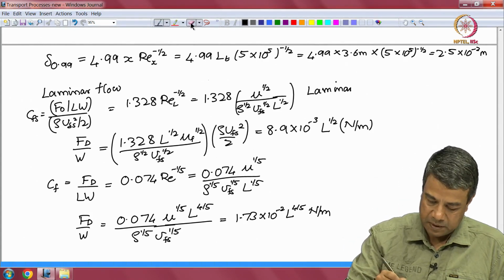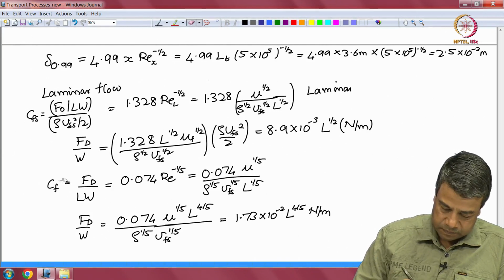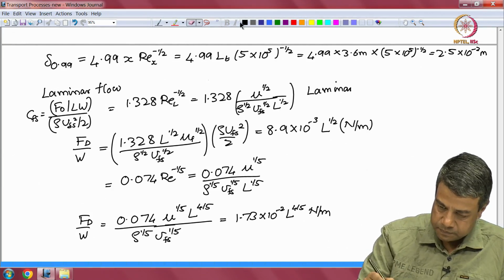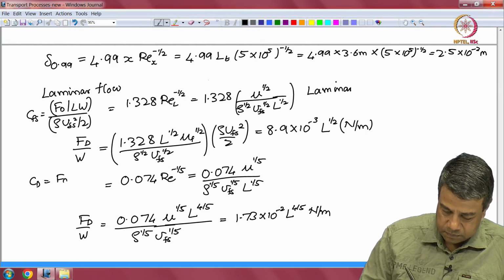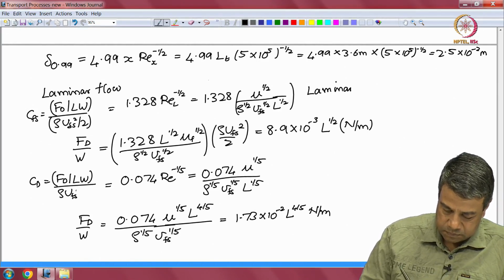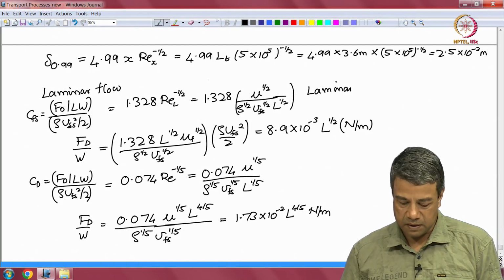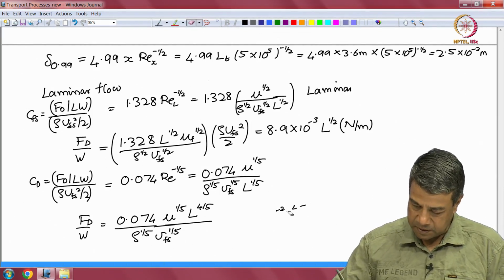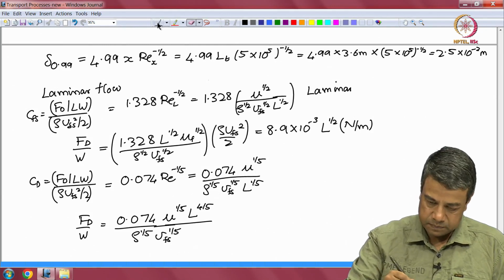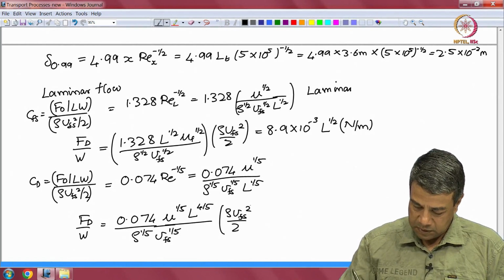In this case as well, I have to multiply, and that is the correlation; from that you can once again put in all the values, and I have to multiply this for the turbulent flow.